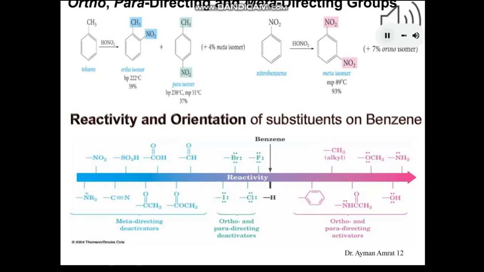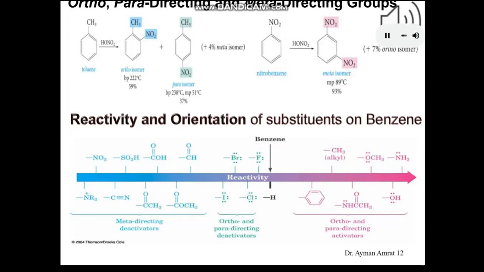Activating groups or activators are the amino group, hydroxyl group as shown in the table in slide 12, OCH3, CH3 and phenyl, while the deactivating groups or deactivators are those groups to the left of the arrow, like NO2, SO3H, and other examples.